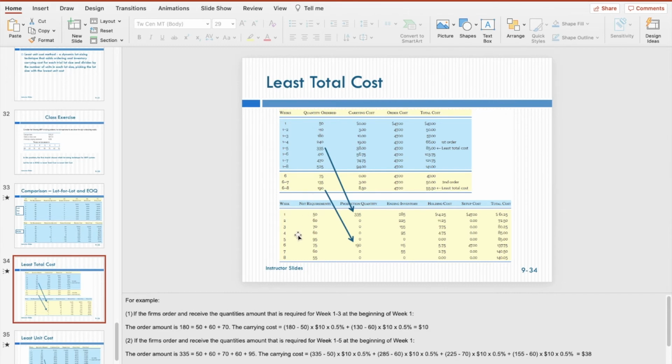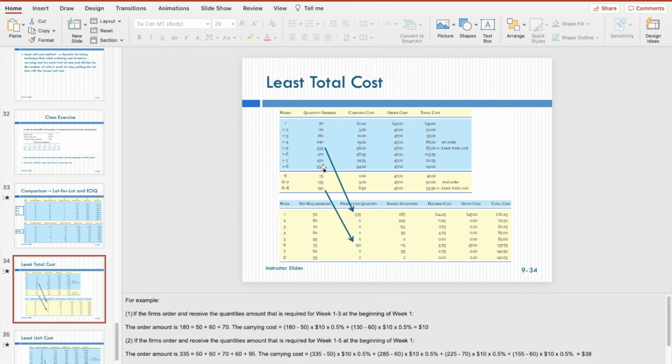At the beginning of week 1, if you order for the next 3 weeks, how many should you order? 50 plus 60 plus 70, which is 180, exactly as shown here. This is how this column of numbers comes out.